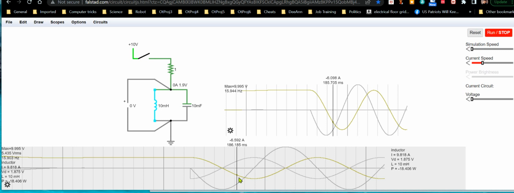And again, at some point the current in the inductor reaches its peak. You can tell the current is maximum, but the current from the capacitor is actually maximum too, because the inductor is demanding a high current. That's what it takes to maintain its field.